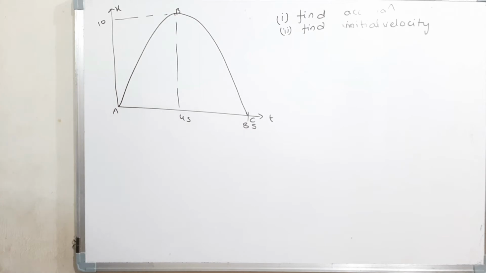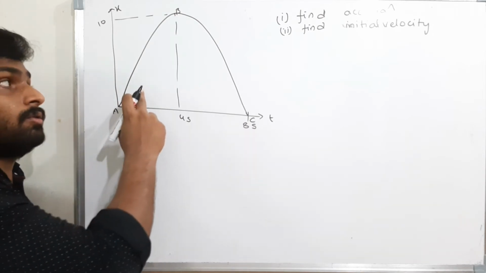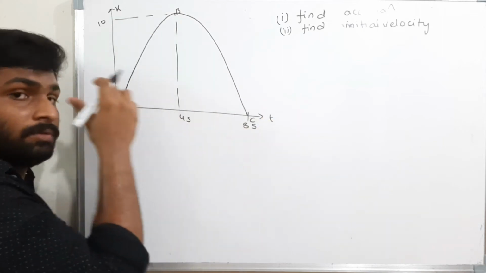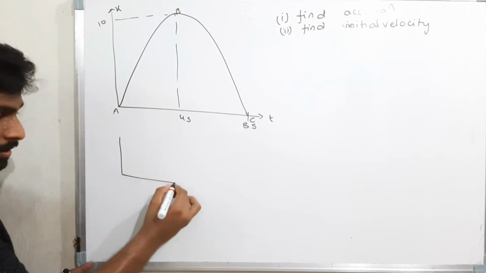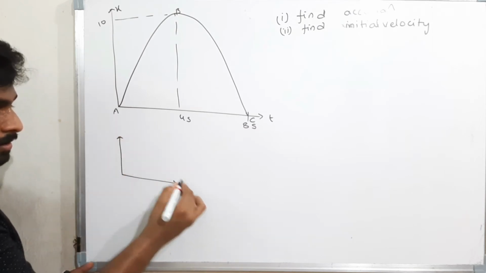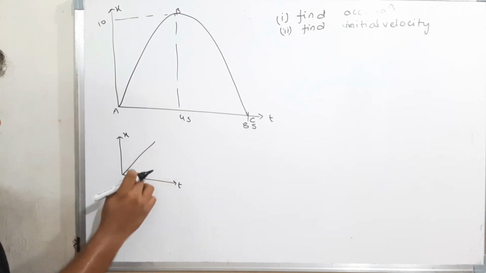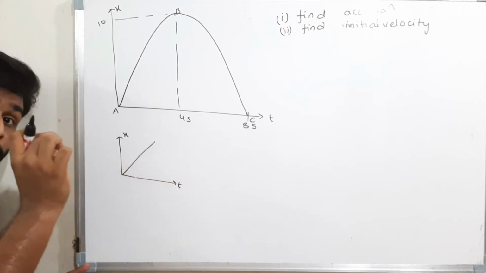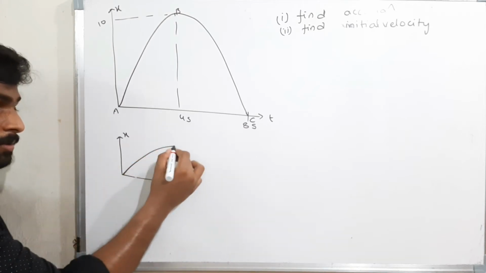Now what to do? How to do? Now observe carefully. In an xt graph, a straight line represents me... the slope of this line will give me the velocity, and it is a uniform velocity. Now what does this represent?